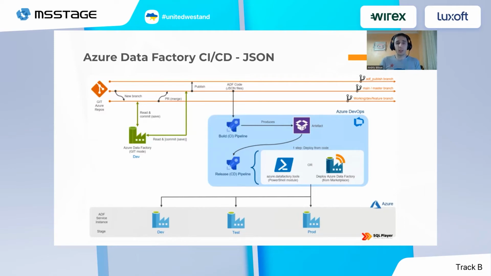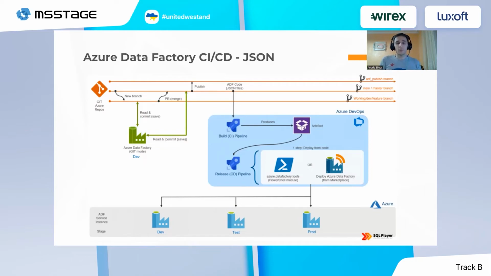The Azure Data Factory UI makes the commits into the main branch, but we are making the deployments from the main branch, not from the ADF publish branch. Also in Azure DevOps, it could be implemented so that when we are making changes into the main branch, our pipelines are deployed into the environments.